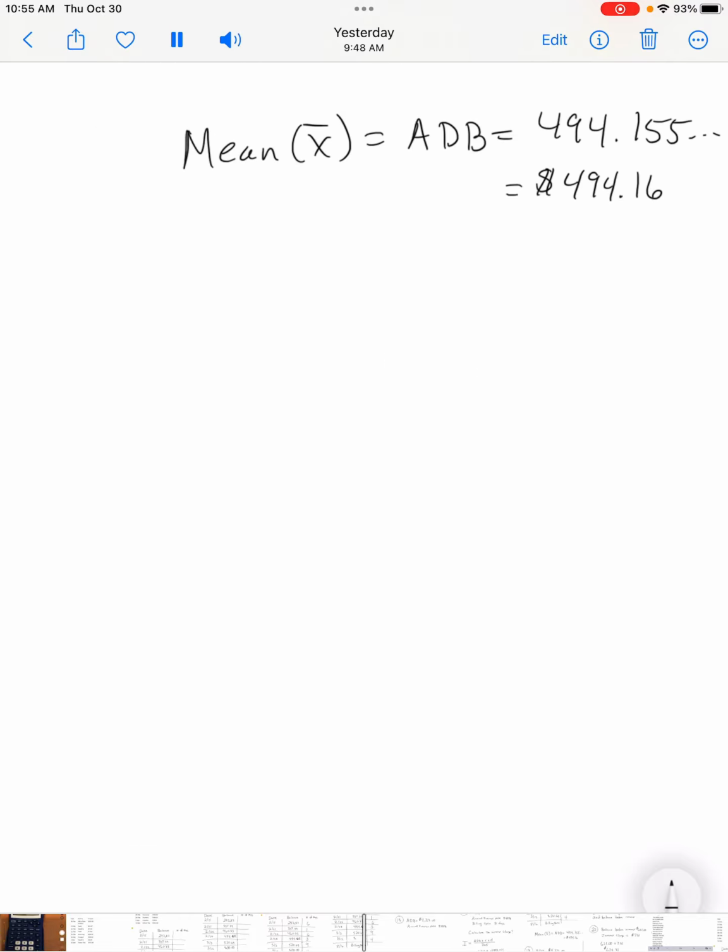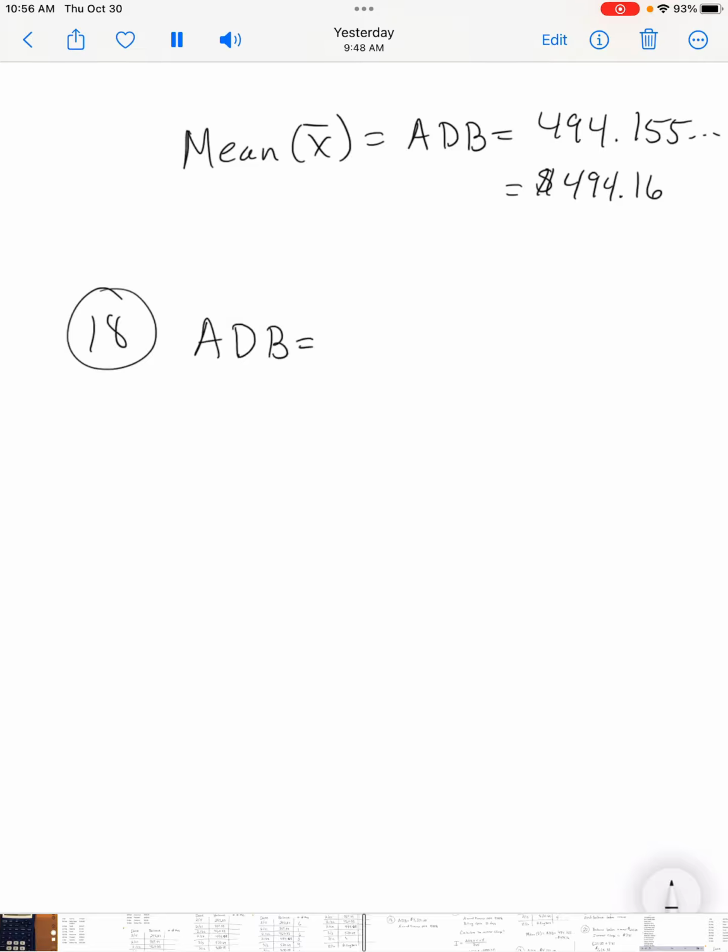Now, my promise to you is that's the longest problem you're going to do. After this problem, you have problems like number 18 in the homework. Number 18 tells you that the average daily balance is equal to $4,312. That person's got a lot of money out, but that happens.